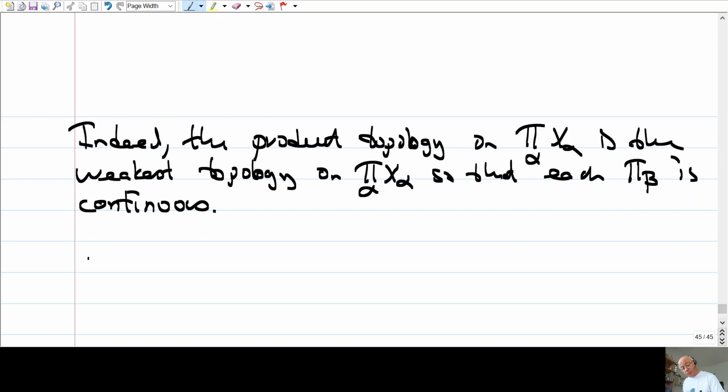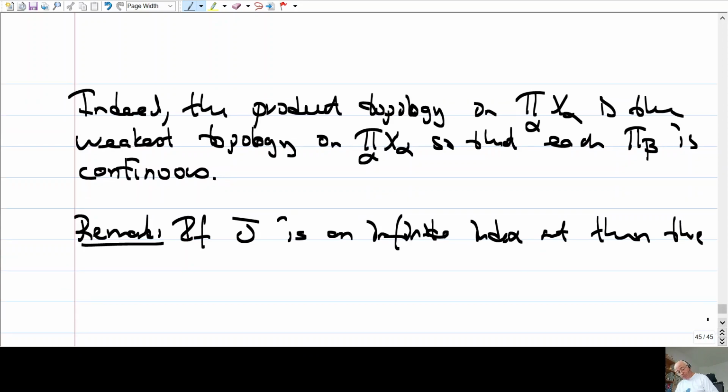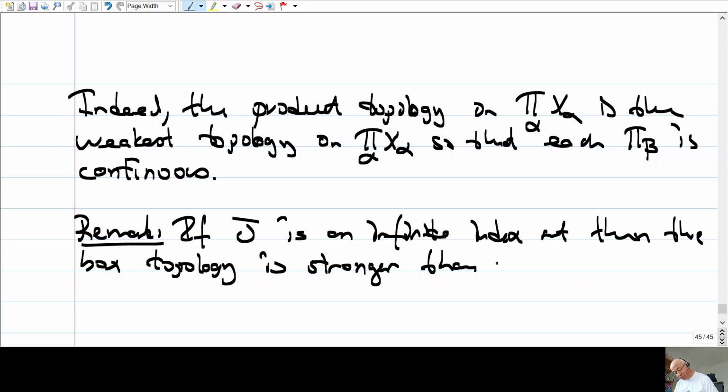Maybe as a remark also, if J is an infinite set, then the box topology is stronger than the product topology.